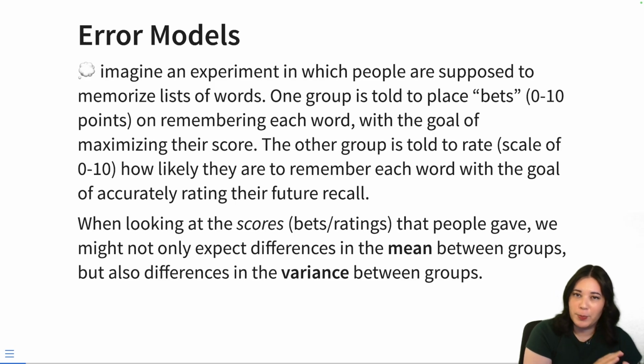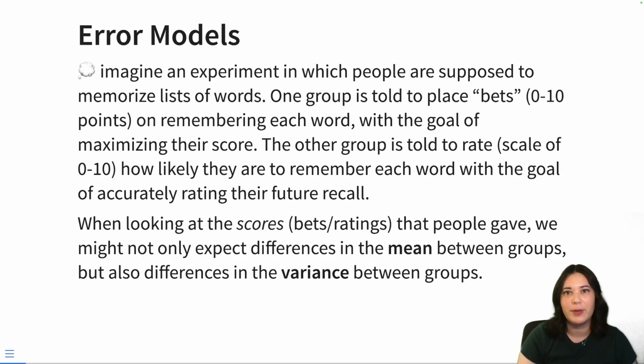And the other group is doing the same task, but when they're asked for their ratings or their scores, they're just told to give a rating on a scale of 0 to 10 on how likely it is that they are going to remember each word, 0 being definitely not going to remember this, 10 being definitely going to remember this. And their goal is to accurately assess how they're going to perform in the future.